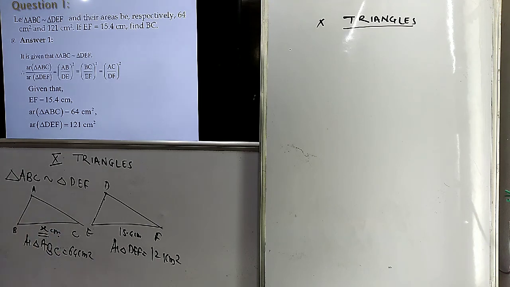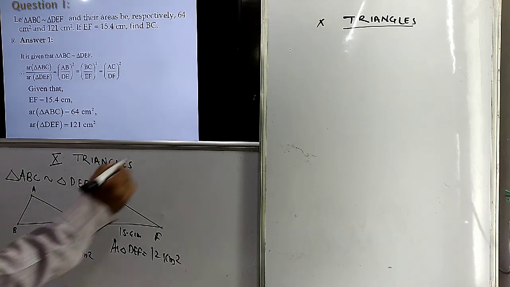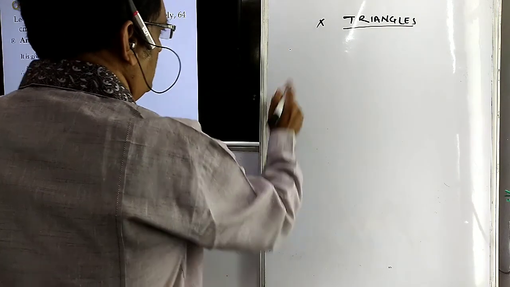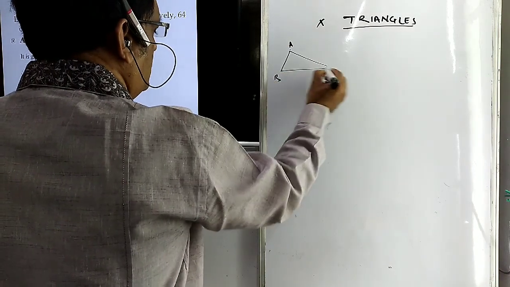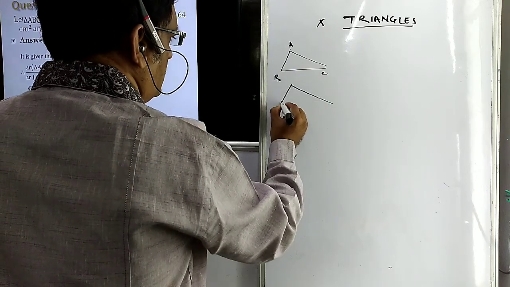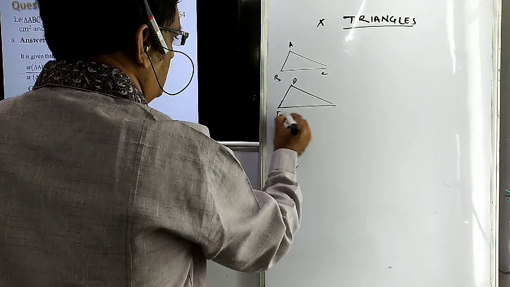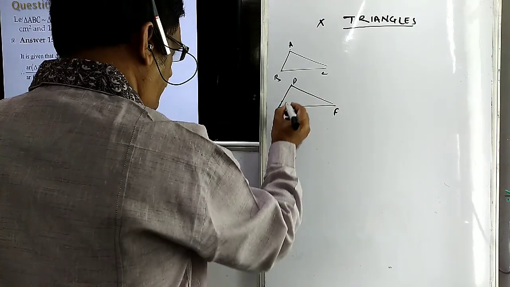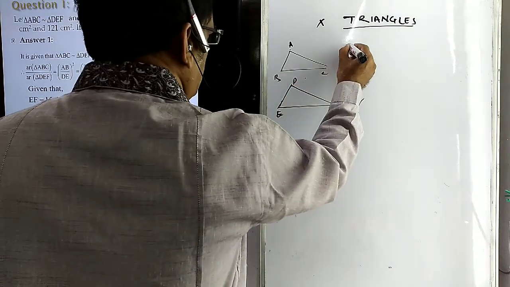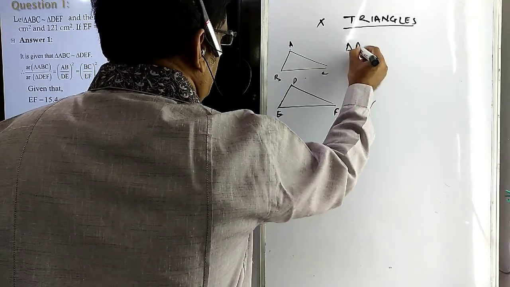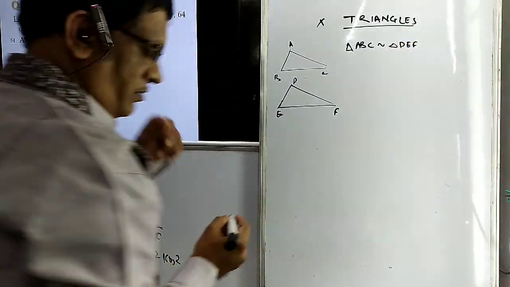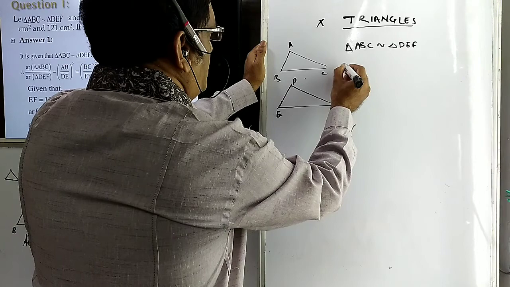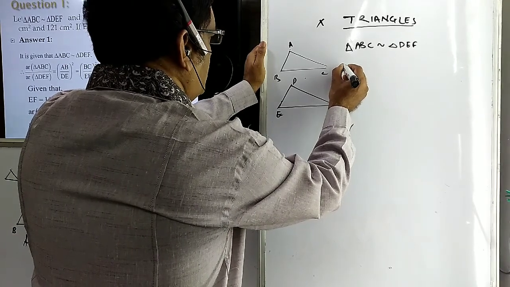You know that these two triangles are similar. Triangle ABC is similar to triangle DEF. You know that the ratio of area of two similar triangles is equal to the ratio of square of their corresponding sides.